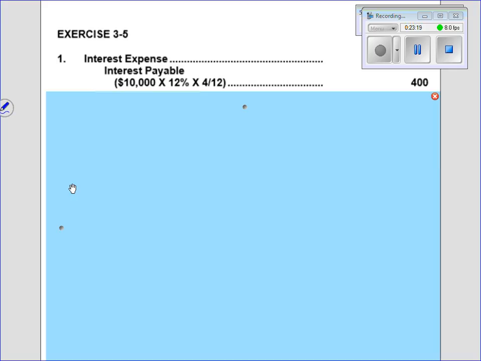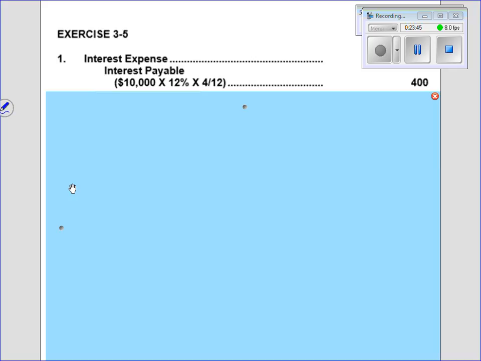September 1. So we used it all of September, all of October, all of November, and all of December because we're doing our adjusting entries at the end of December. So we've used our loan for 4 out of 12 months. So we've had $400 of interest pile up on that $10,000 note.